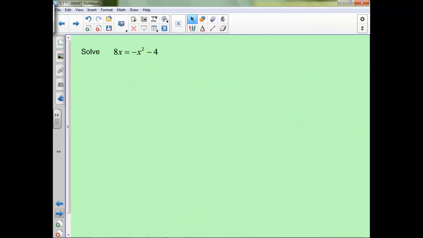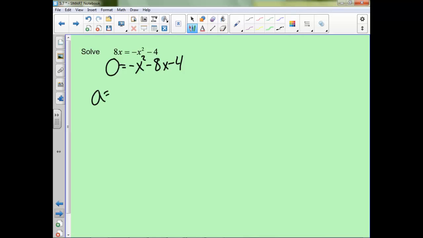Last one for this section. Let's go ahead and get this equal to 0. Subtract our 8x over. And getting our quadratic formula.